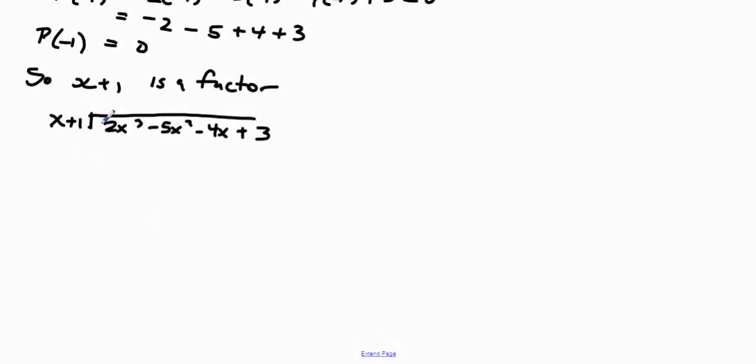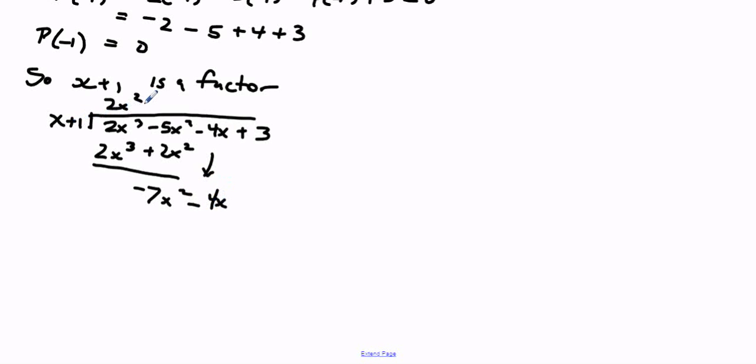All right, so 2x squared times x is 2x cubed, and then times that 1 is plus 2x squared. Subtract, and I get minus 5 minus 2 is minus 7x squared. Bring down the minus 4x.